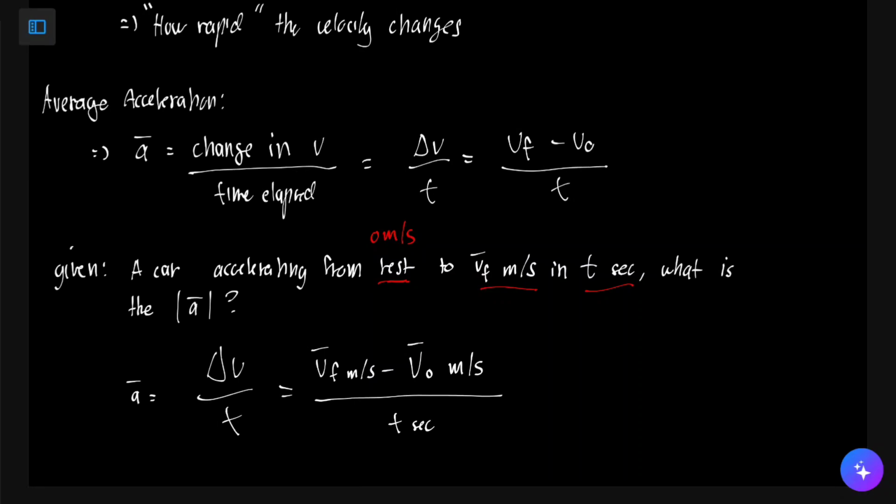Given this, you know that your acceleration is equal to delta v over t. Using this again, it's just your final velocity subtracted by your initial velocity, which is 0 meters per second, over t seconds.